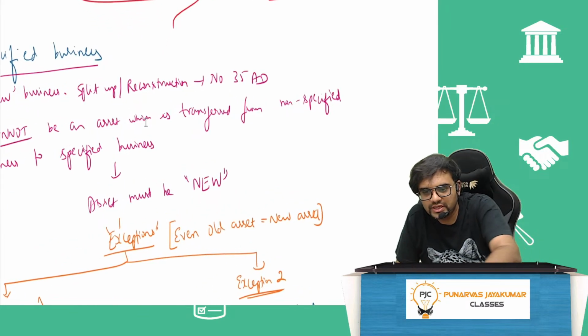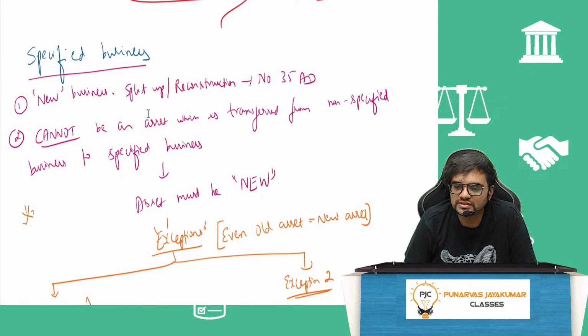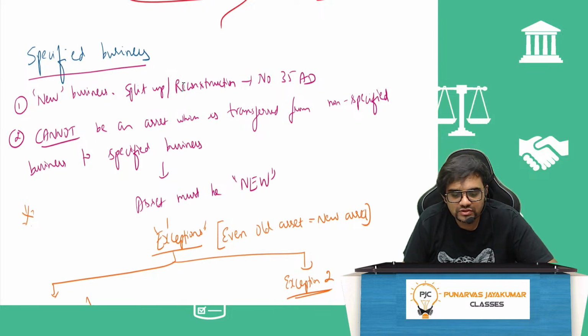It should not be a split up business or reconstructed business, brand new business. And the asset which is brought must be new. It cannot be an asset which is transferred from non-specified business to specified business. Asset must be new. Undoubtedly.